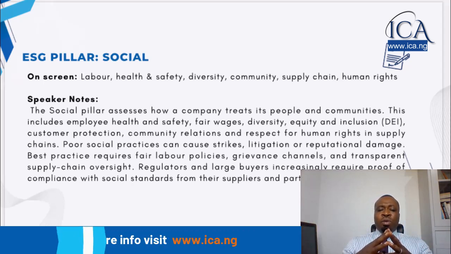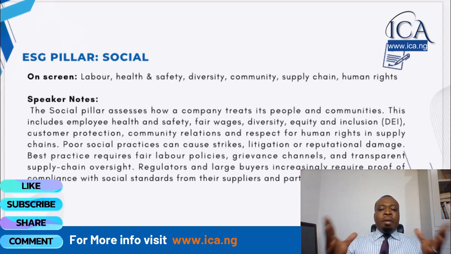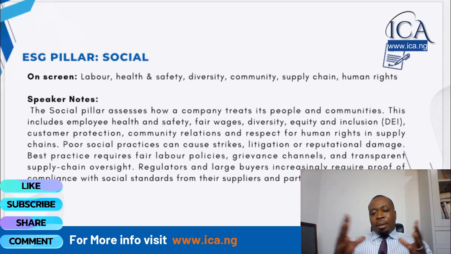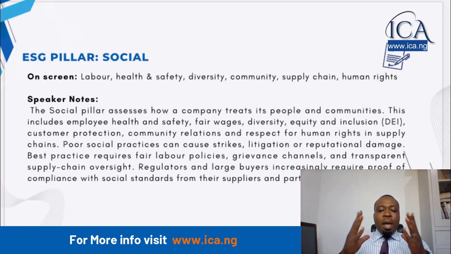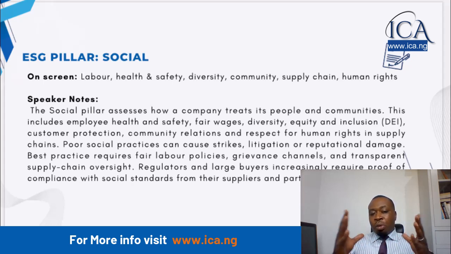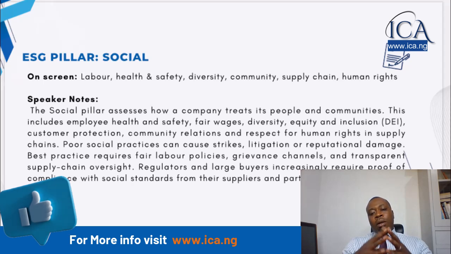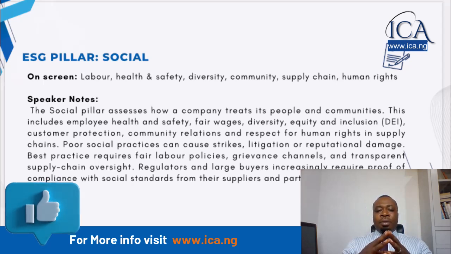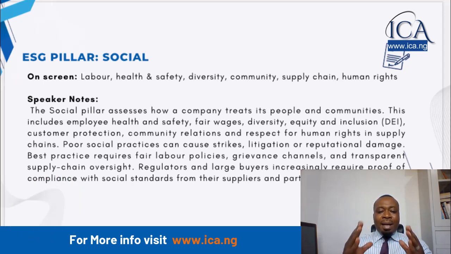This includes employees' health and safety, fair wages, diversity, equity, and inclusion. Customer protection is also part of the social expectation. Community relations and respect for human rights in the supply chain are very important.